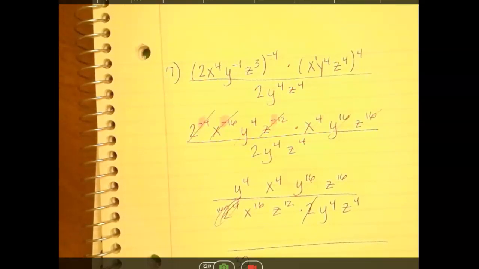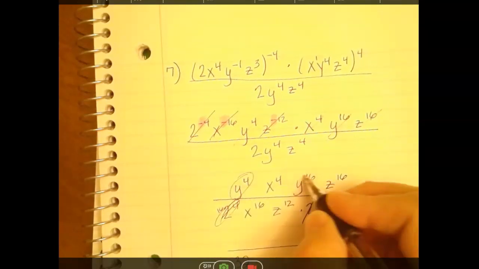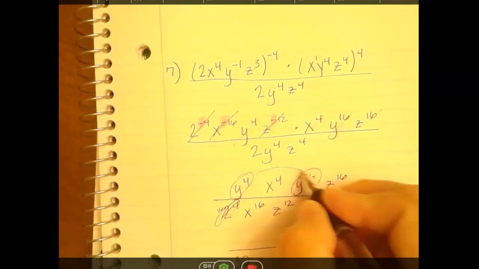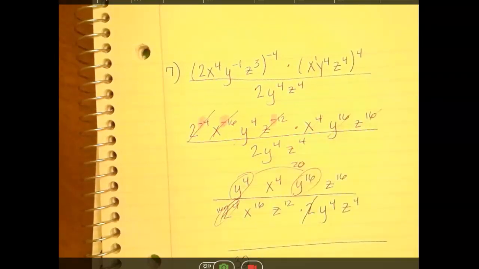Okay. So I might need to think in a little bit of an intermediate way, right? I got Y's here, 4 and 16. 4 and 16 make 20, right? So really I got 20 Y's on the top and 4 on the bottom. So I can go ahead and say to myself, I'm canceling. I got 20 Y's on the top and 4 on the bottom.